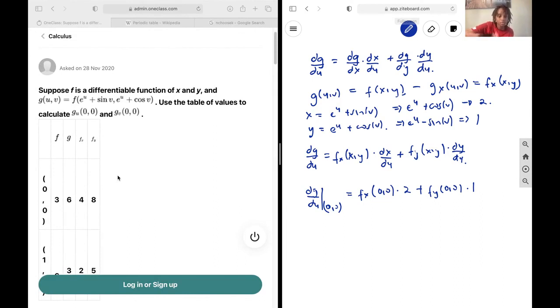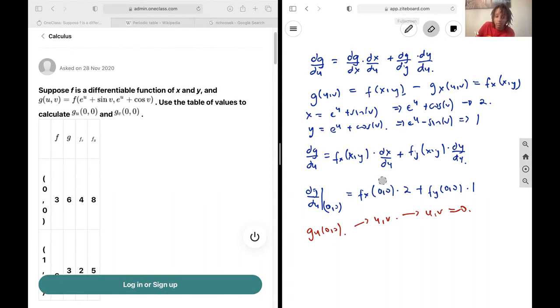But please note, I've made a mistake here that people are prone to making. We want gu at (0, 0), and gu is in terms of u and v, which means we're setting u and v equal to 0, not x and y. That's where the mistake has occurred. If u and v are equal to 0, x is 2 and y is 1.